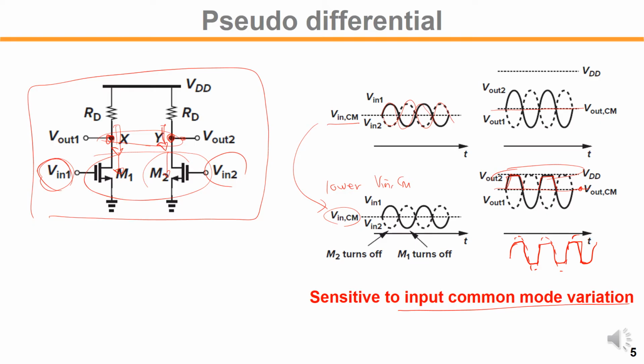The current should not be affected by the input DC level, the input common mode level. Only the difference of the input voltage will generate or affect the output signal. Such motivation brings us to the following very fantastic circuit called the differential circuit.